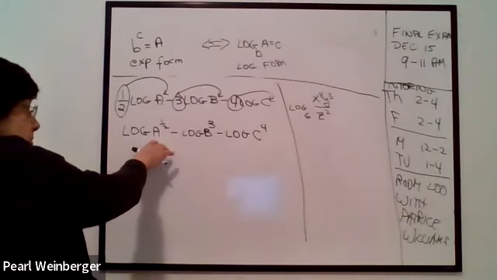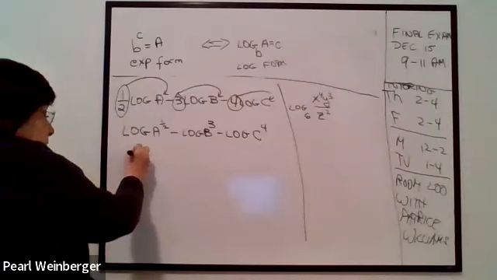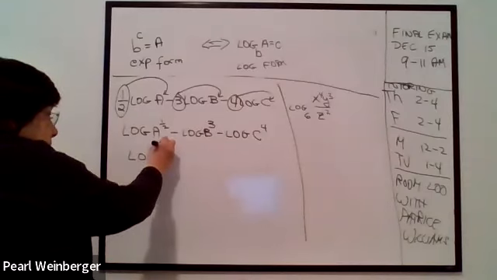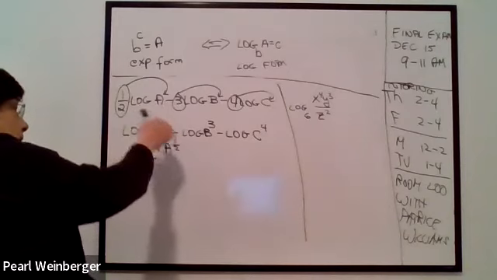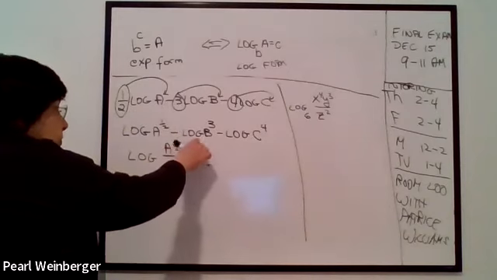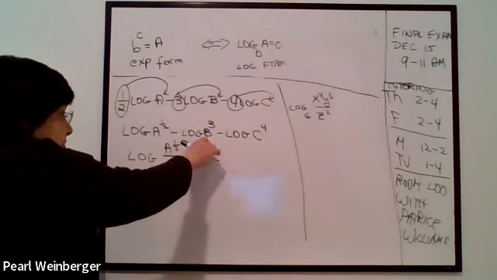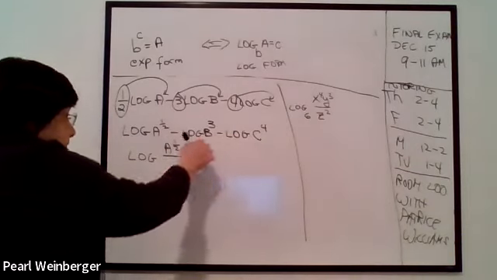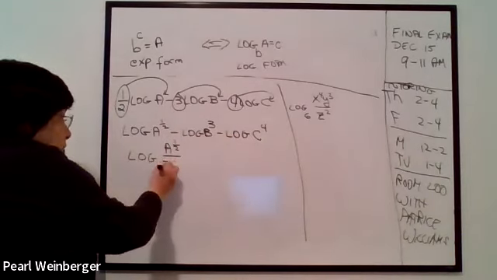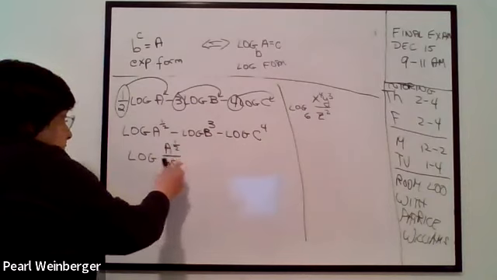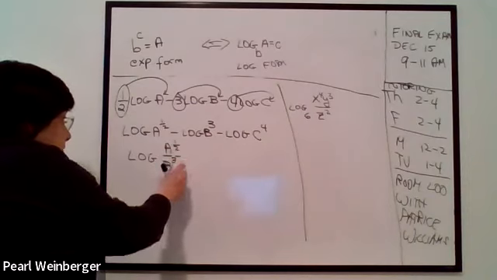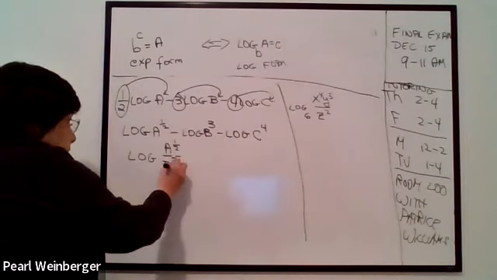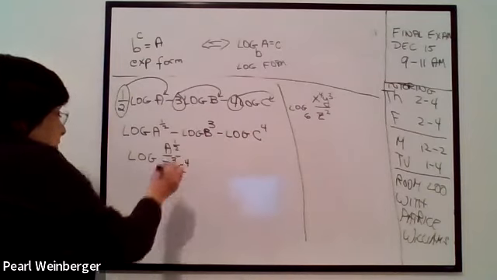Now notice, this is going to be log A to the 1/2. That's positive, so that's going to be in the numerator. But the log B and log C terms are both negative, so those both have to go into the denominator. So in the denominator, I'll have B to the 3rd, C to the 4th.